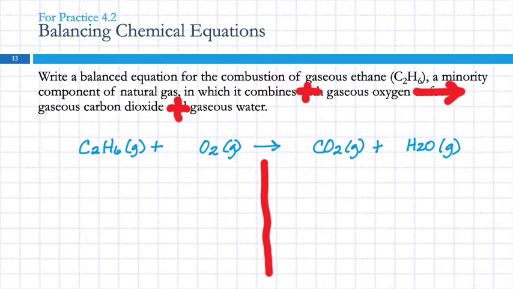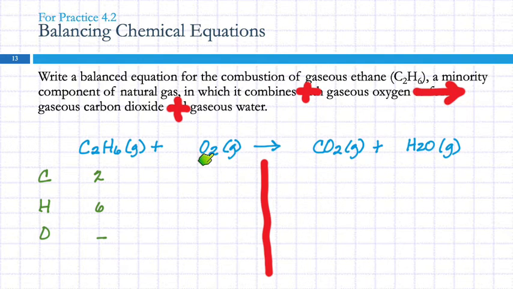If you don't, don't. So I'm just going to look and see what elements I have: carbon, hydrogen, and oxygen. And I'm just going to go through and find out what I've got. So in this, there are 2 carbons and 6 hydrogens and no oxygens.